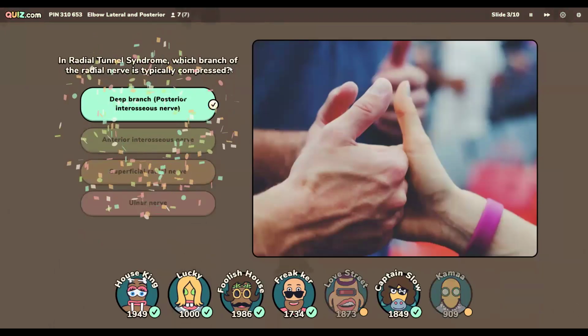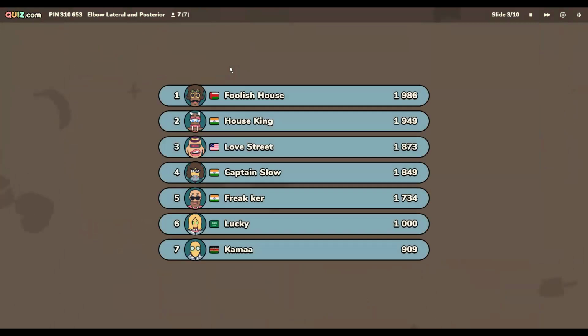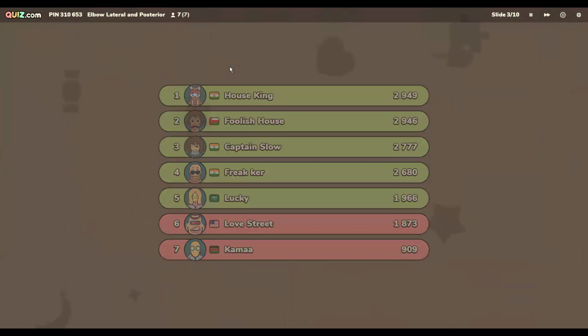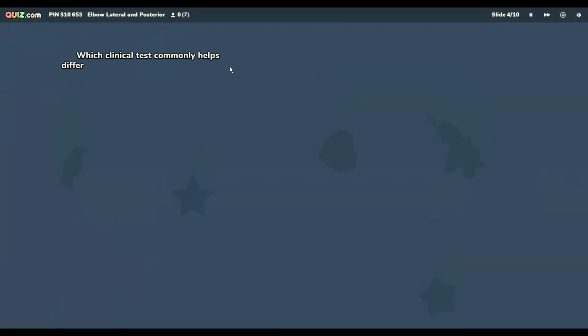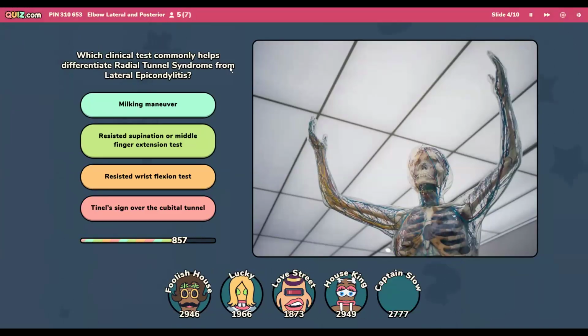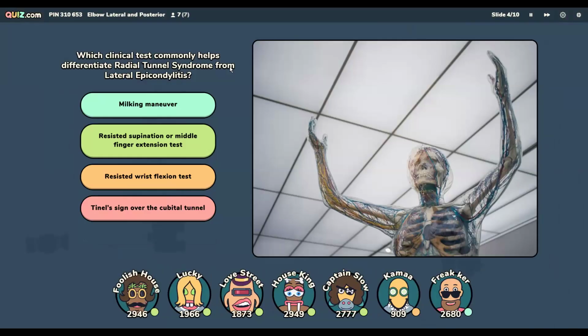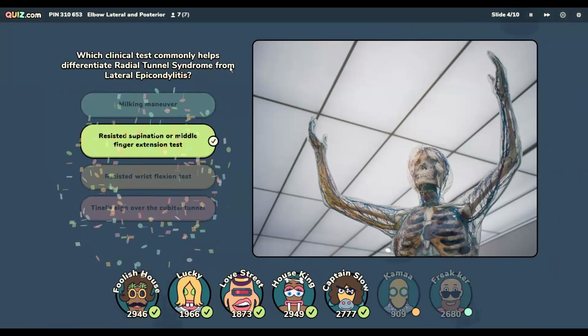The deep branch, the posterior interosseous nerve. Which clinical test commonly helps differentiate radial tunnel syndrome from lateral epicondylitis? Resisted supination or the middle finger extension test.